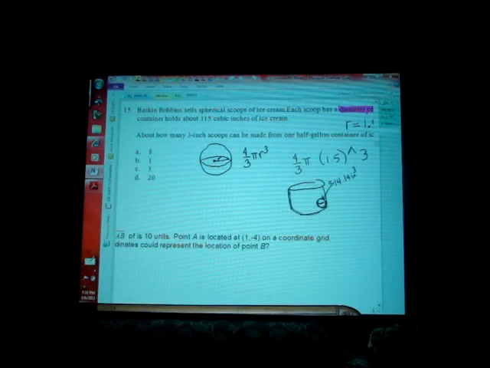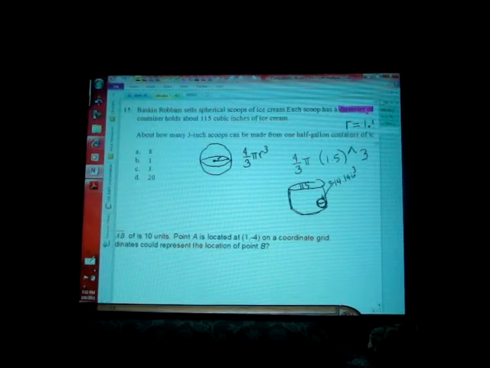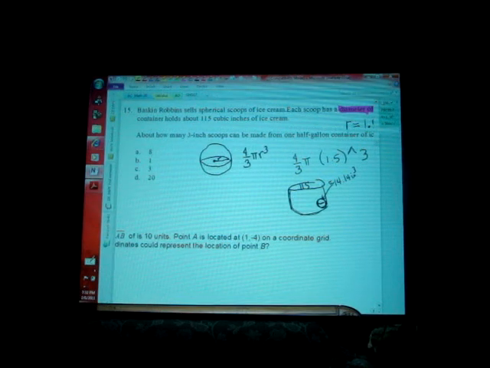So what you've got to do now is figure out how many of those are in 115 cubic inches. How many 14s would fit into 115? Well, that's also a division problem. So you'll pick up your calculator one more time.